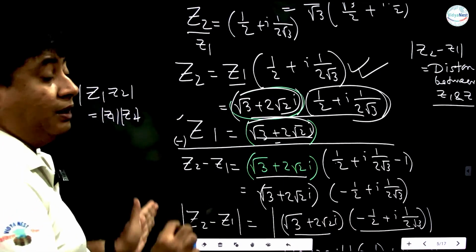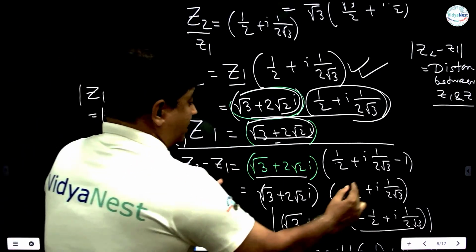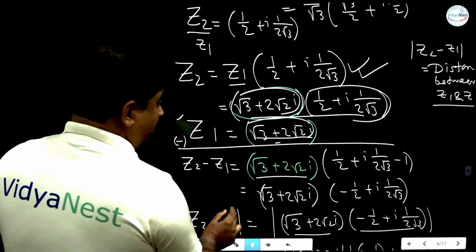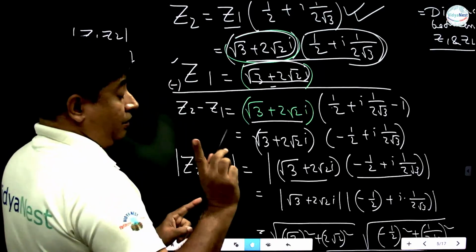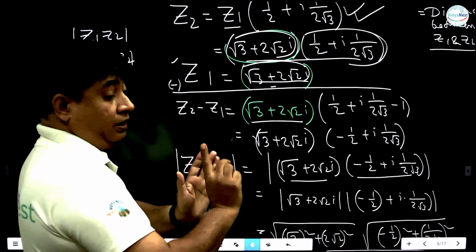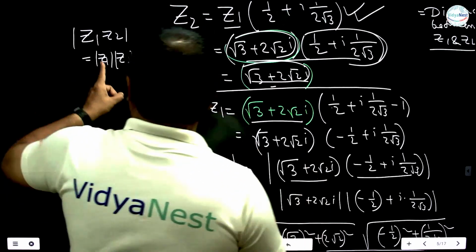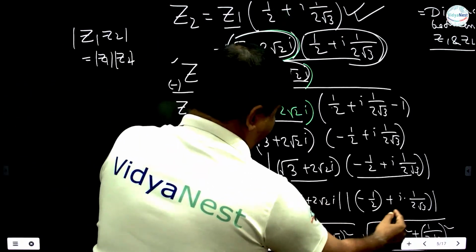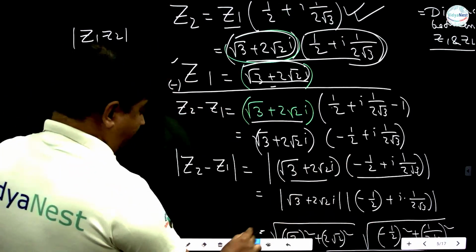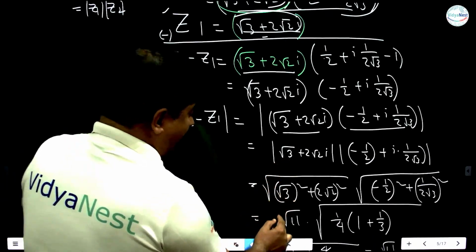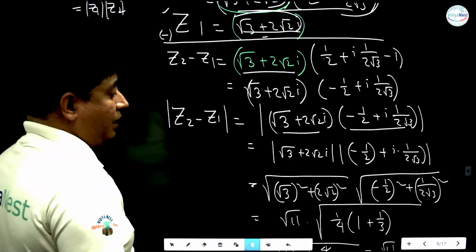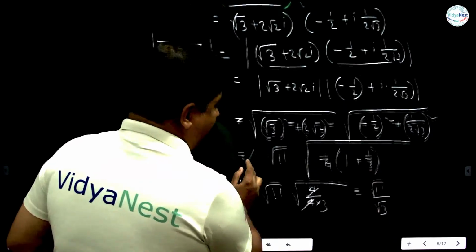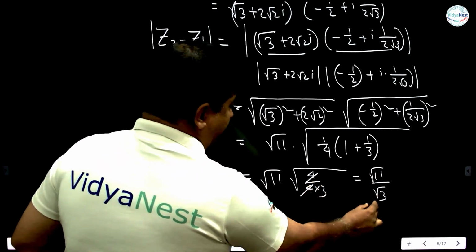Now, a glimpse of light. I put mod sign on both sides, and you know that knowledge will speak for you. Mod z1 into mod z2. Instead of multiplication, this part will be reduced to root 11, and this part by simplification 1 by root 3.